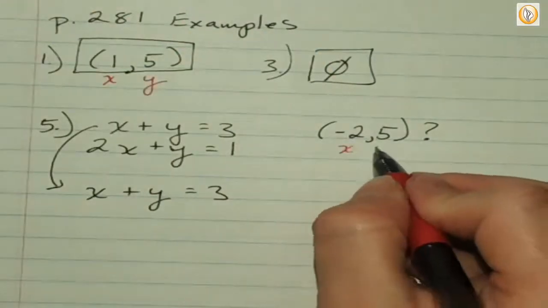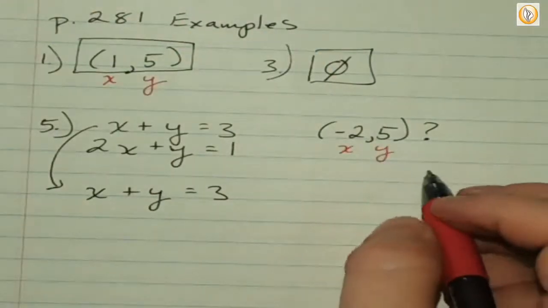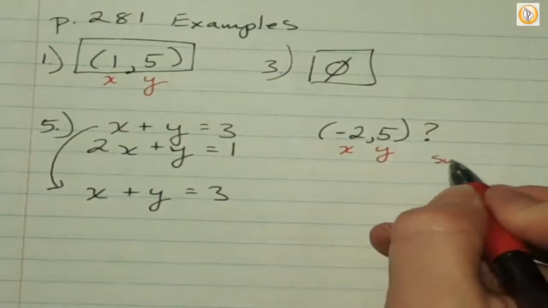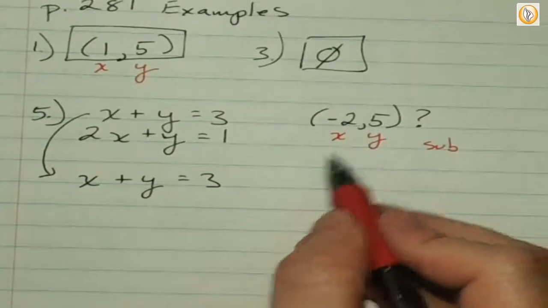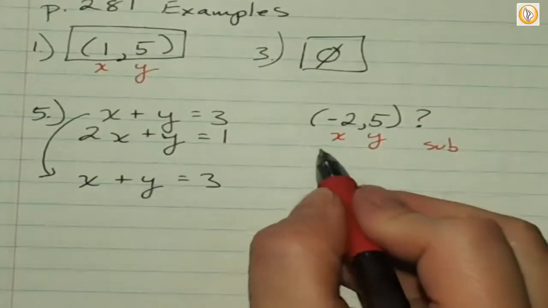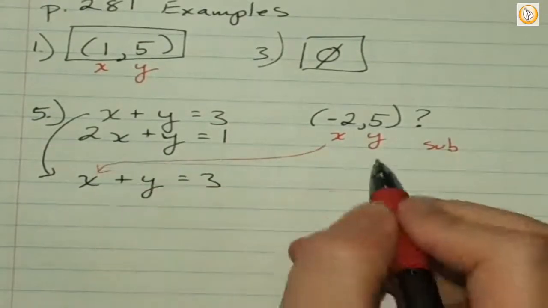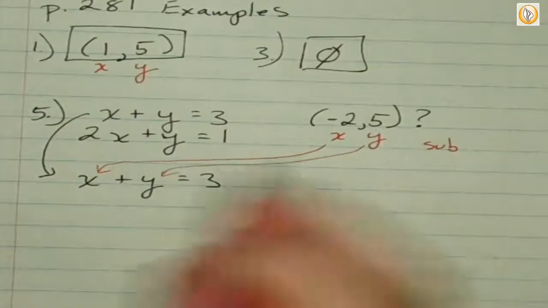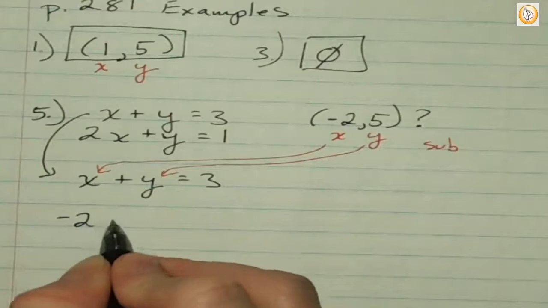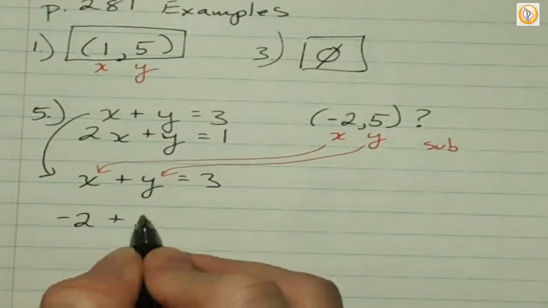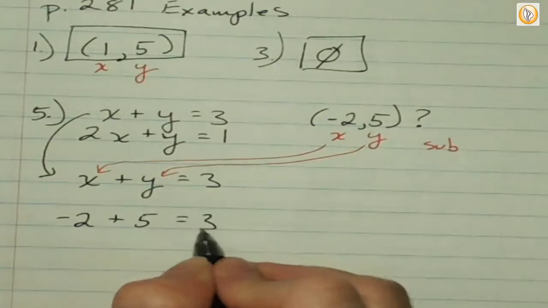This is my x and my y. We're going to be subbing the x and the y here and here. So I'm going to have now negative 2 plus 5 equals 3.